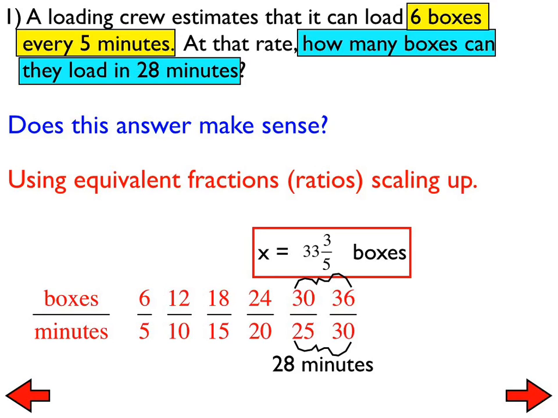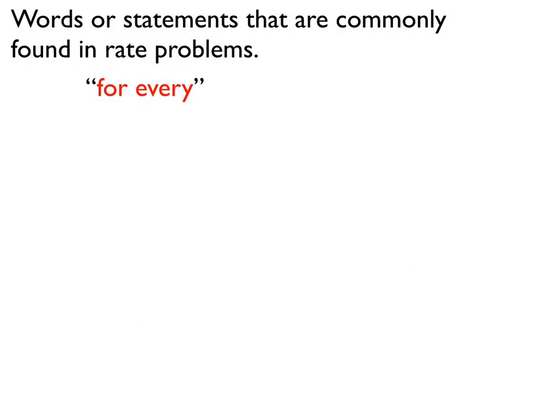In order to use a proportion, we have to have a rate, and we have to be finding a rate. So inside of the box in your notes, you have some things you need to fill in here. Words or statements that are commonly found in rate problems. For every, for each is another common one. Per is another common one. We've seen all of these things in other types of word problems that we've done also.